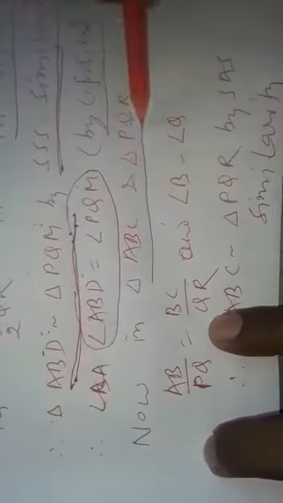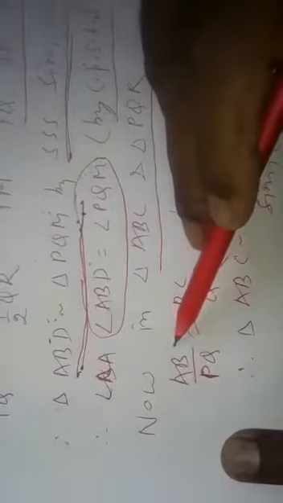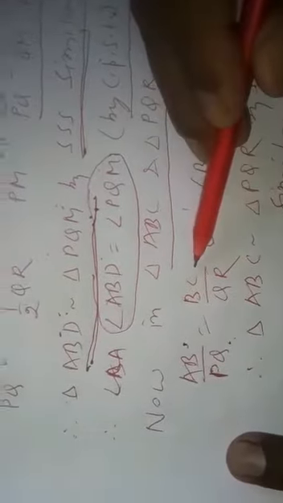Now we will take into consideration triangle ABC and triangle PQR. Now we see that the ratio of AB and PQ is equal to the ratio of BC by QR. It was given to us, and we have just proved that angle ABD is equal to angle PQM.